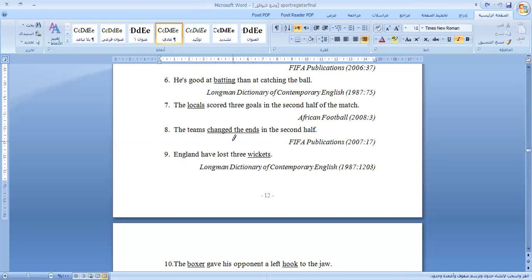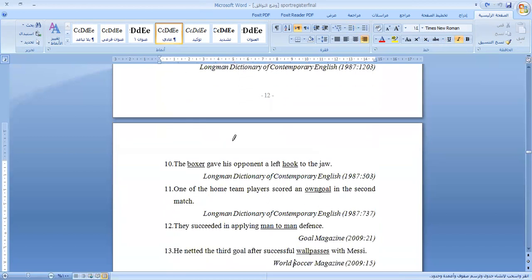So if we rely on the intended meaning here, wickets means players. So we are saying here that the English team lost 3 players. Therefore, wickets in sport terminology means players.